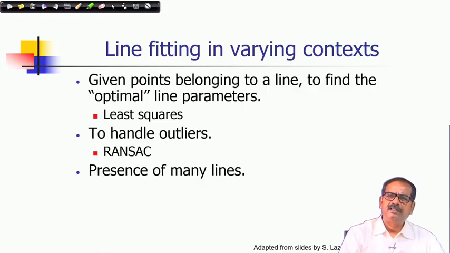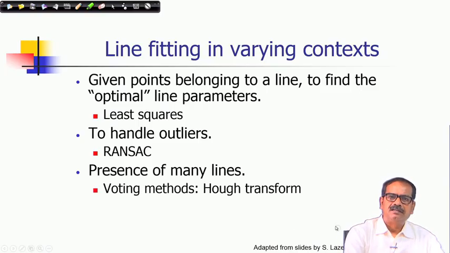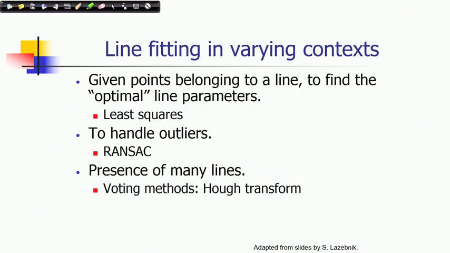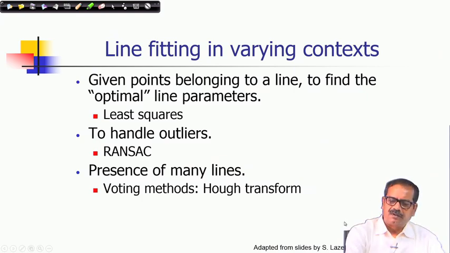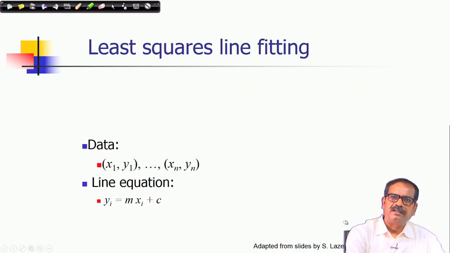We will see it is a very generic approach of fitting different kinds of models where we expect there would be outliers in the data or clutter in the data as we mentioned earlier. If you have too many lines and you would like to fit a model, then voting methods are appropriate, like the Hough transform. So, in this lecture we will be discussing these different kinds of techniques.